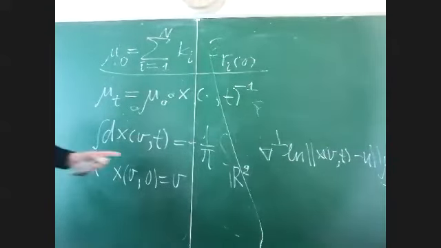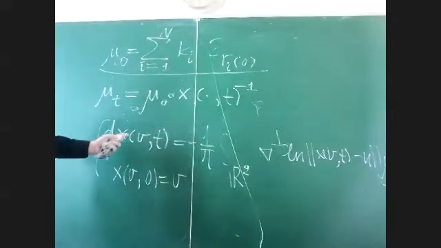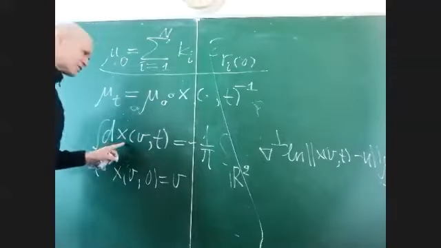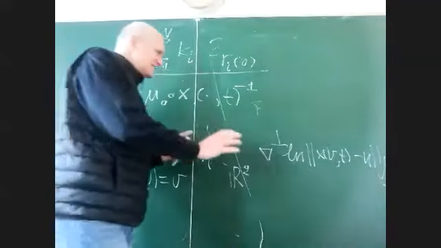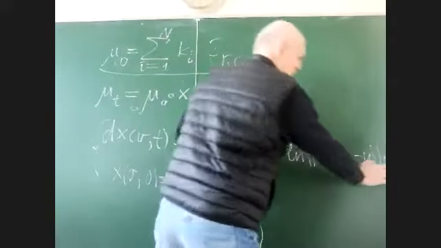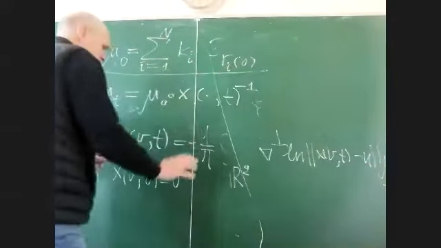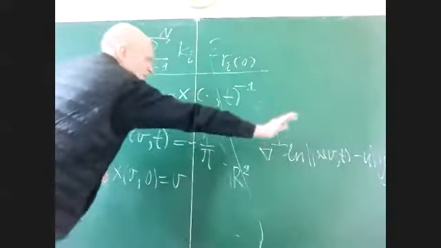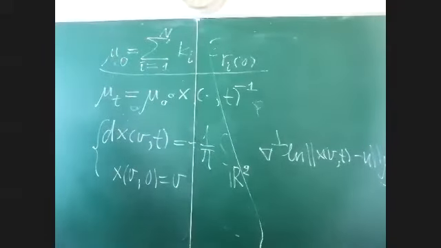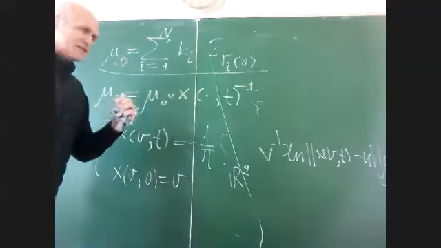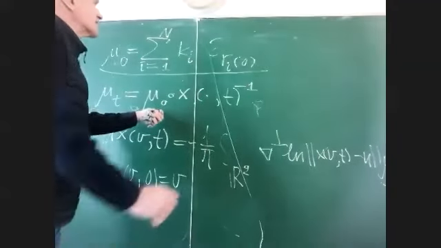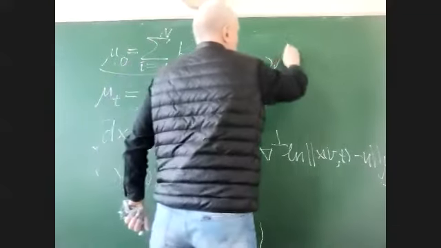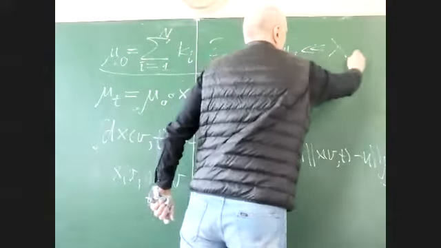We start from any point of the space. We have the relation: the infinitesimal increment of the trajectory of this point can be described in terms of the mass distribution of all systems. We start from some mass distribution and go with the time. And now one can understand that instead of this measure, we can consider, for example, mu 0, which is absolutely continuous with respect to the measure.